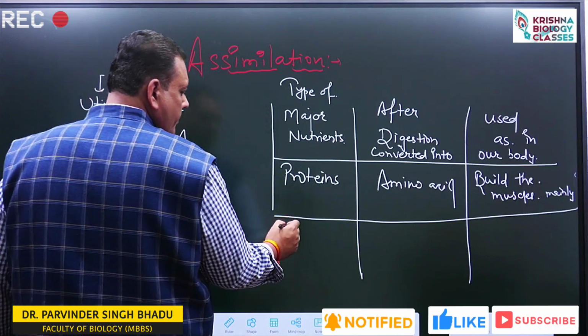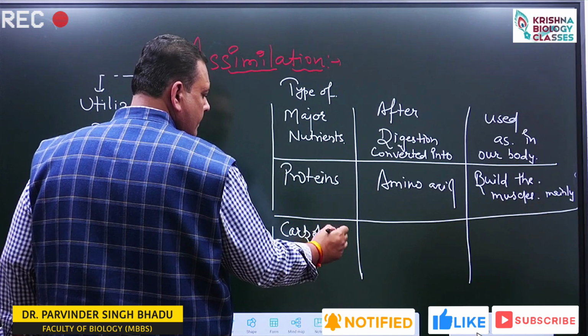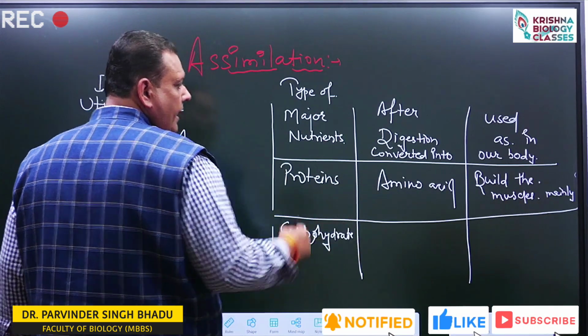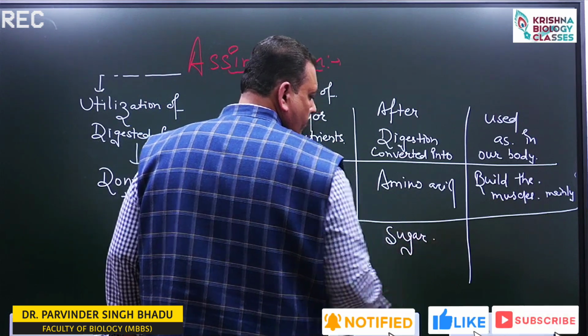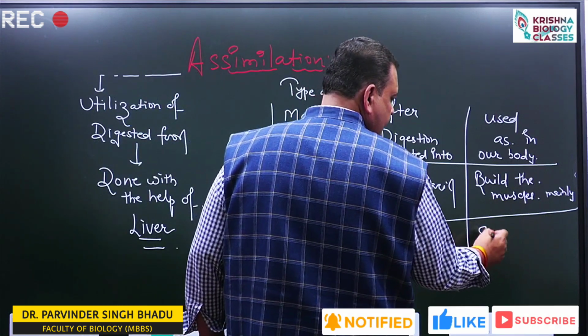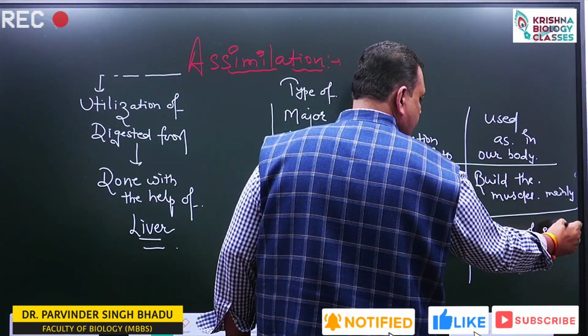The second major nutrient is carbohydrate. After digestion, it gets converted into sugar, and acts as a source of energy.